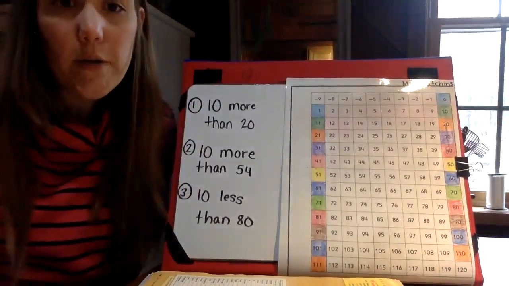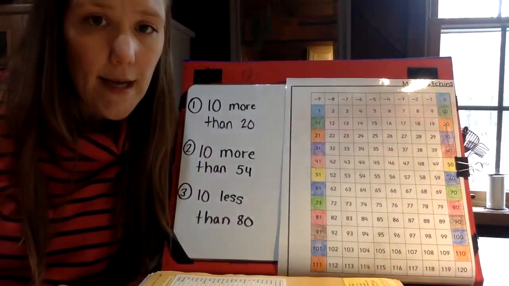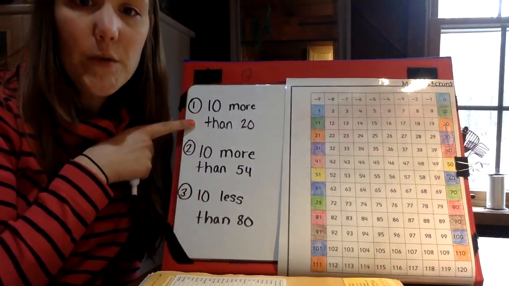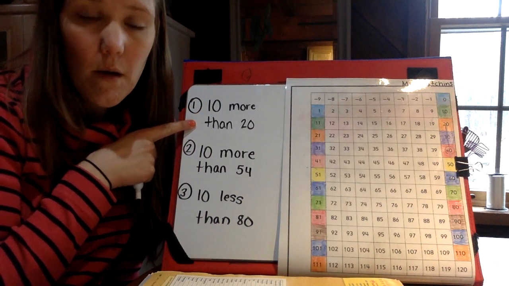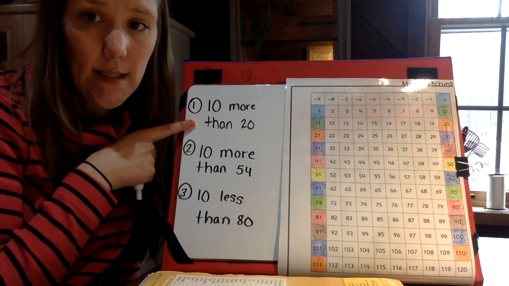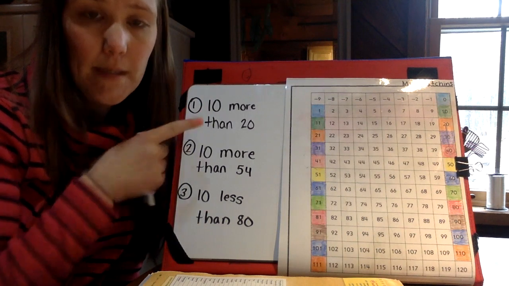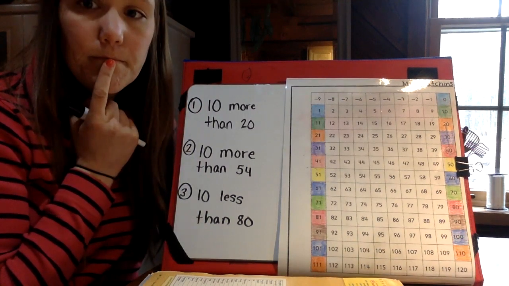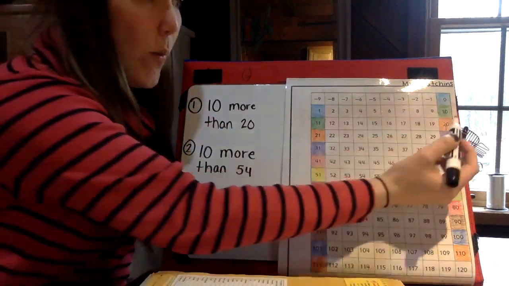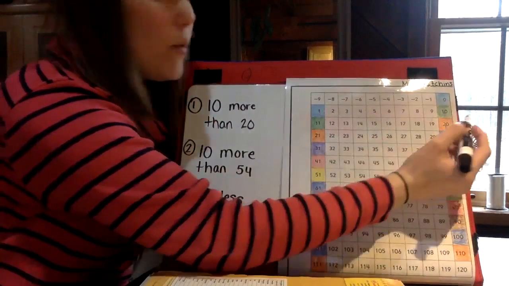All right, on your number grid, I would like you to find the number that is 10 more than 20. What number is 10 more than 20? I'm going to give you a second. So we're going to find 20, and we're going to go 10 more.